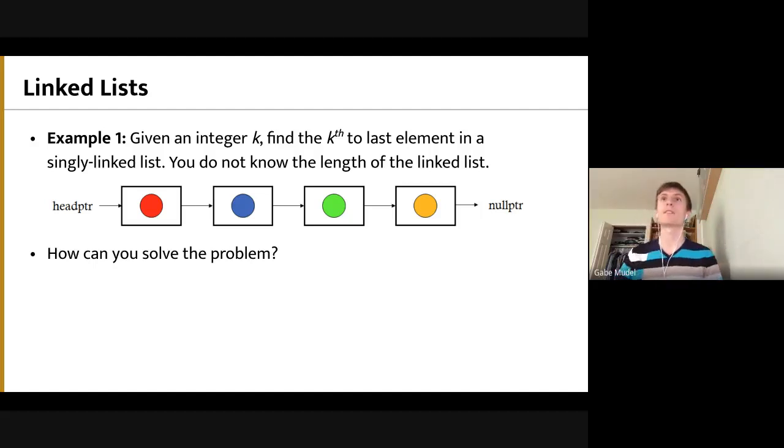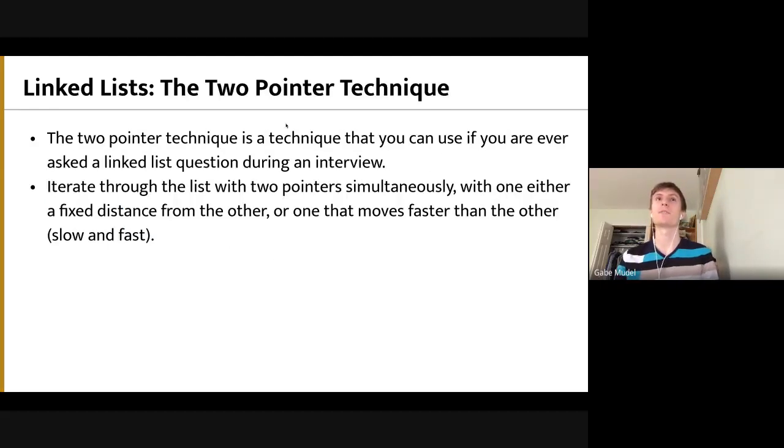Okay, a couple things. Chris, Kevin, you seem to be correct. The runner's algorithm, or whatever it's called, that is pretty much exactly right. It's the two-pointer technique, the tortoise and hare algorithm.